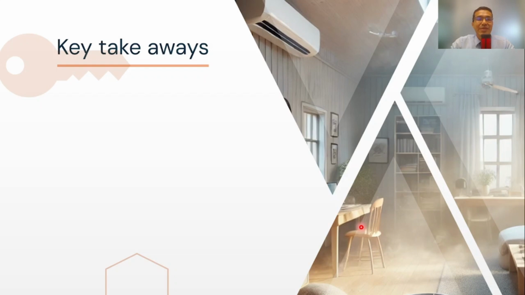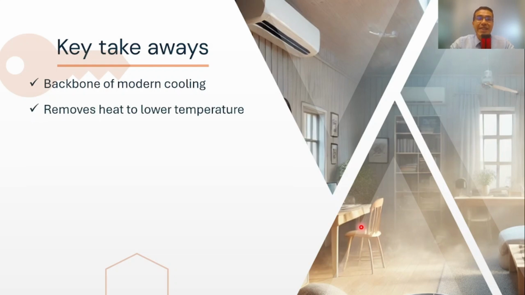The vapor compression cycle is the driving mechanism behind most cooling systems used in HVAC. It forms the backbone of modern cooling, operating at the core of technologies that control indoor environments. At its heart, it works by removing heat to lower temperature, making living and working spaces comfortable even during extreme weather.